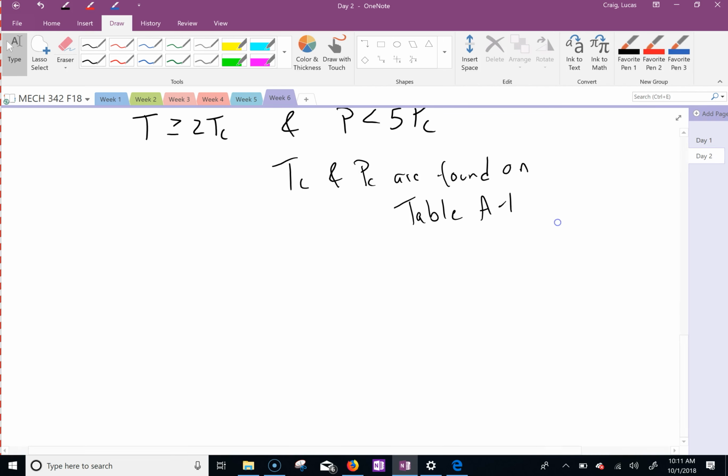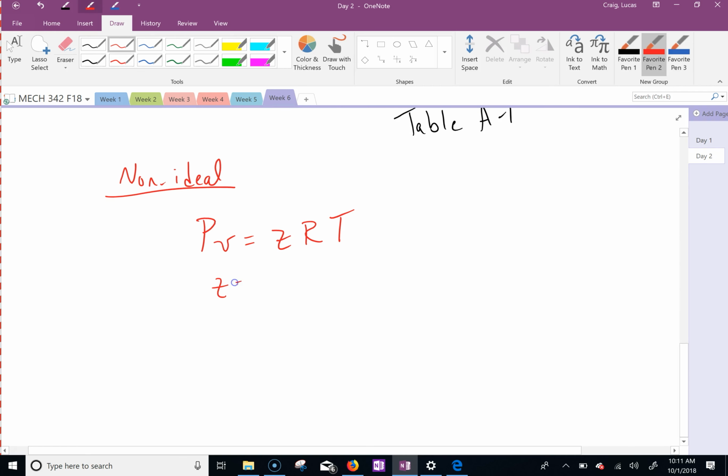For non-ideal, meaning it just doesn't expand ideally, the way we want, all we do is we add a z in front of, or to the right side of, all those equations. So I just picked PV equals RT in this one, so I put z in. Z is the compressibility factor.